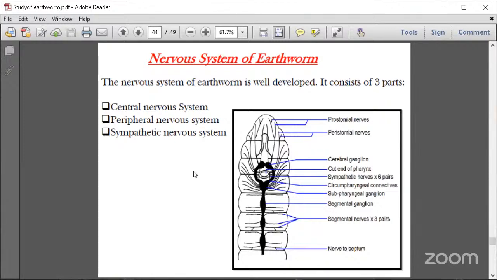suprapharyngeal ganglia. Here you can see the suprapharyngeal ganglion that is also called as cerebral ganglion. They are bilobed in structure.